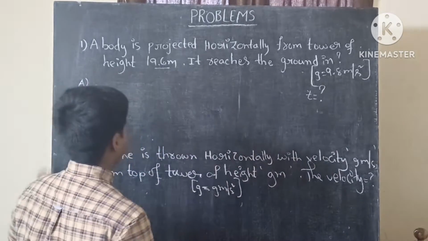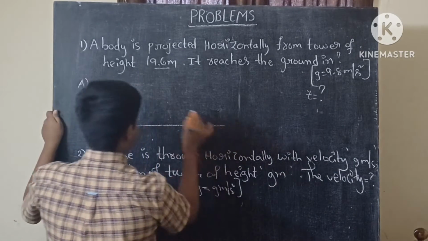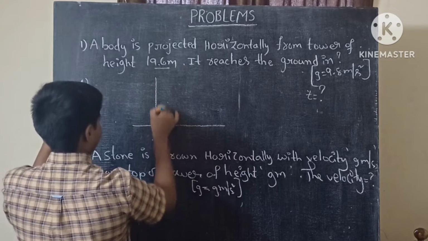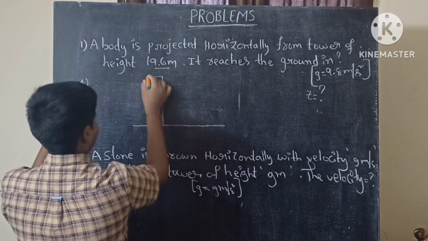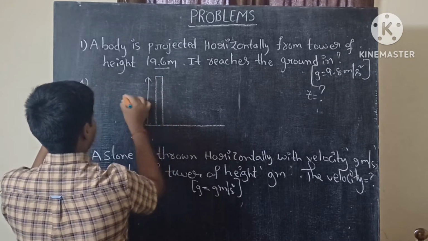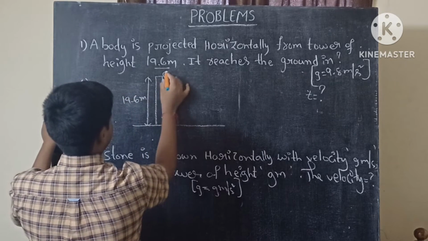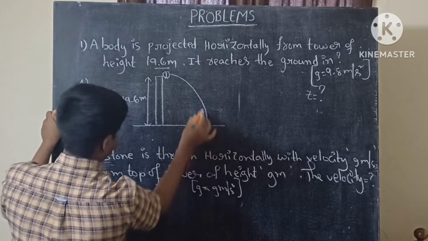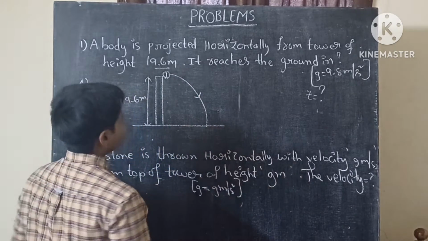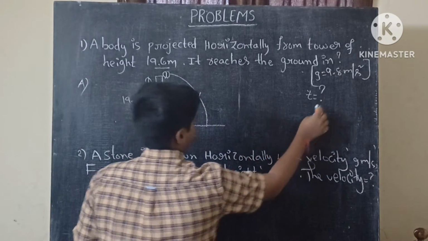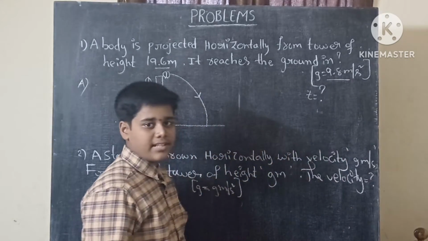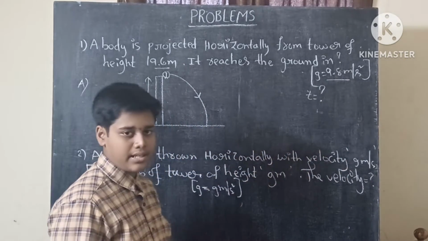First we have to analyze the given condition. This is the tower, it is 19.6 meters, and a ball travels horizontally, and they gave that gravity is 9.8 meter per second square.